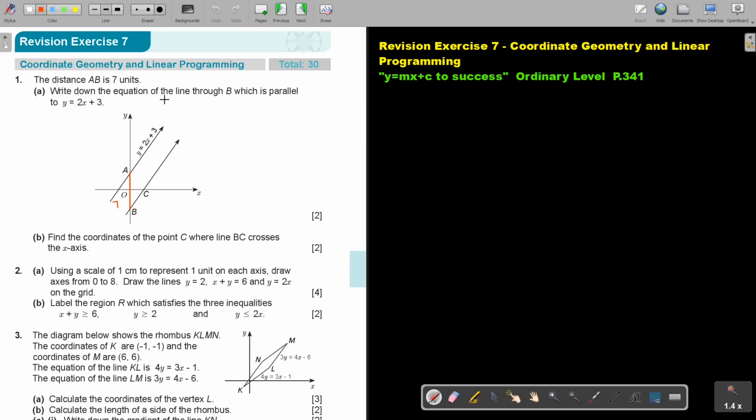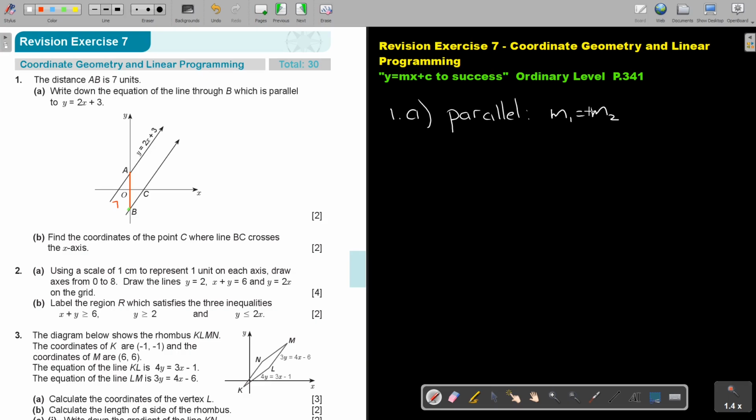So, write down the equation of the line through B. There is B. Can I just show you? Through B, which is parallel. Now, what did we say? If lines are parallel, then their gradients will be equal.